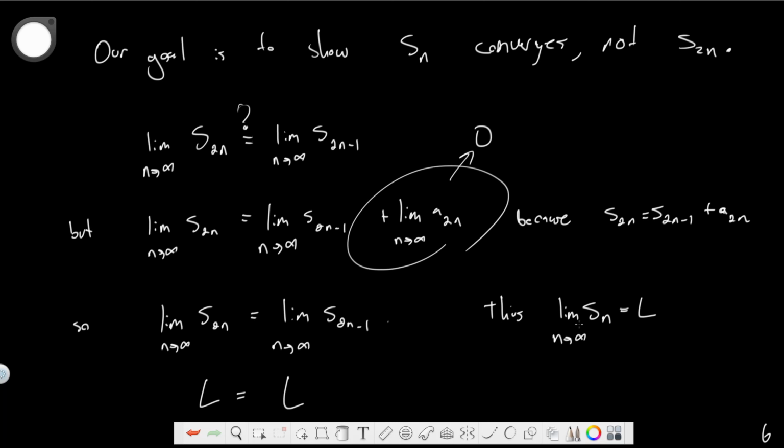Regardless of whether I'm dealing with an odd or an even element in my sequence of partial sums, both subsequences are approaching the same value. We have a convergent series. Thus, the sequence of partial sums goes to a value, and the sum of negative 1 to the n plus 1 times a sub n converges. We have proven the alternating series test.